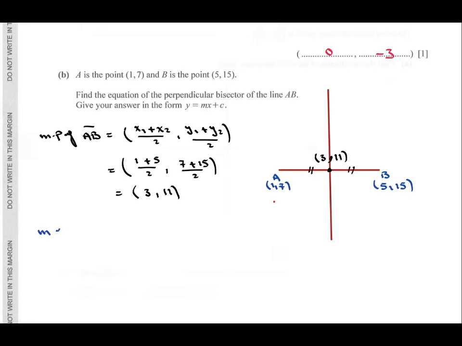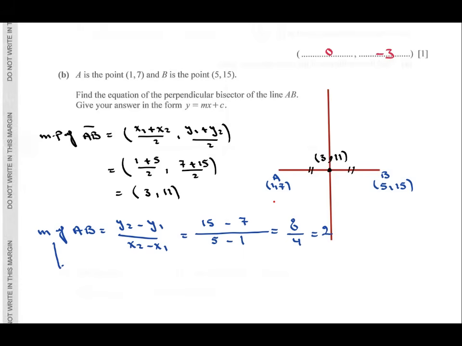The gradient of AB is equal to (y2 minus y1) over (x2 minus x1), which is equal to 15 minus 7 over 5 minus 1. 15 minus 7 equals 8. 5 minus 1 equals 4. 8 divided by 4 equals 2.